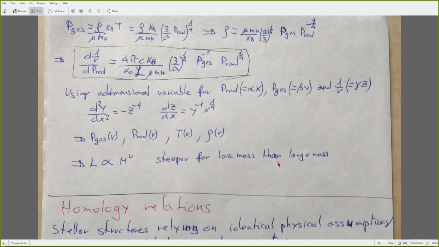For large mass, the increase is lower. That is, in fact, something we observe. Usually, for lower mass, the exponent is around 5, and for large, it's like 3. That result is not something constant.